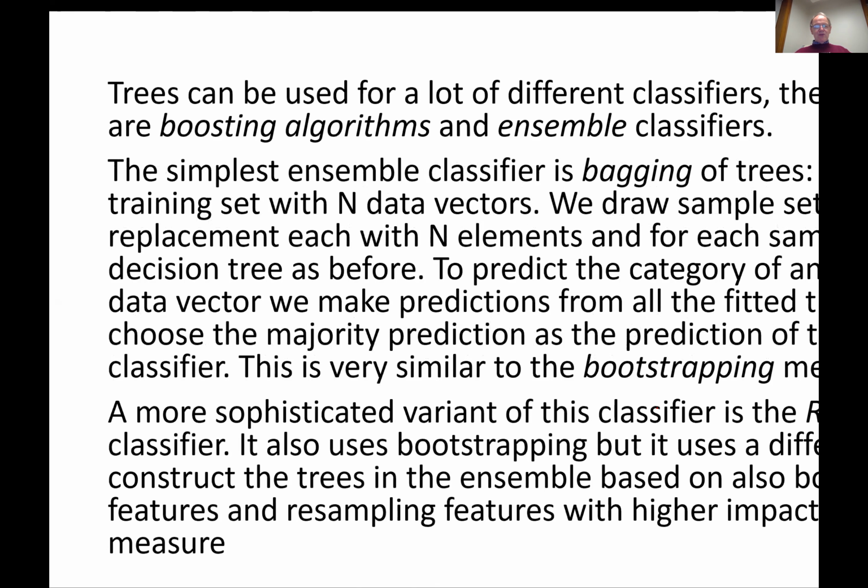If we have a training set with n data vectors, then we can draw samples with replacement. So we can draw many samples with n elements, but with repeated elements. For each sample, we can fit a decision tree just the same way as we did before. It doesn't matter that some of the data points are repeated. That's not going to make any difference.